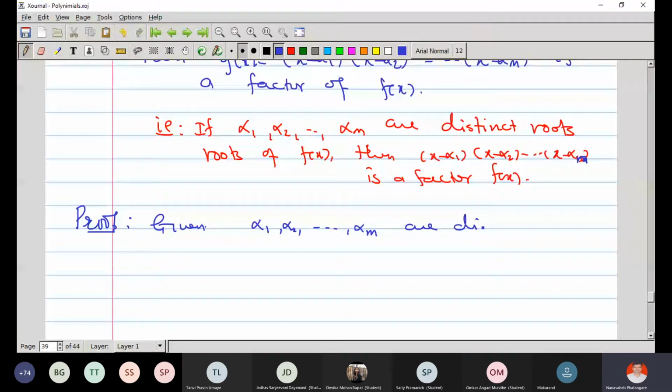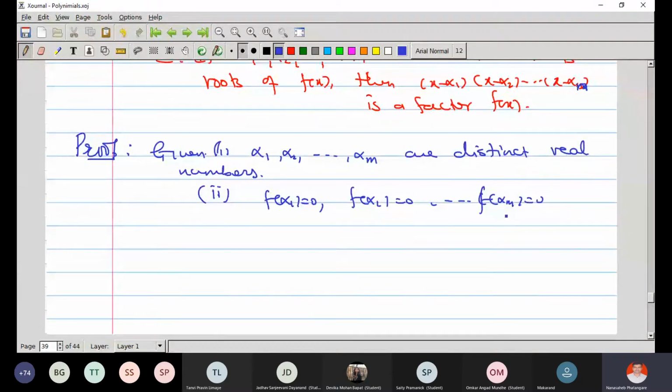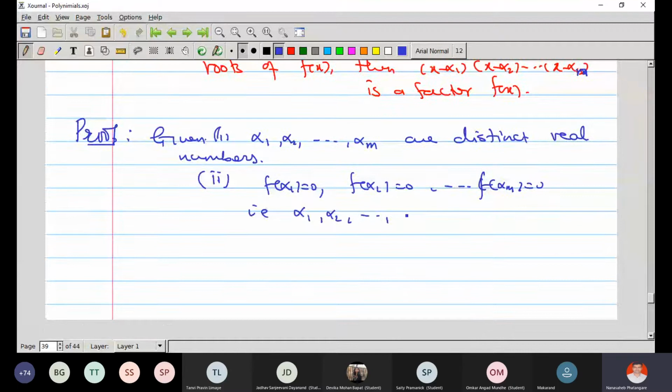What is the second thing? f of alpha 1 is 0, f of alpha 2 is 0, up to f of alpha m is 0. That is, alpha 1, alpha 2, up to alpha m are roots of f of x.